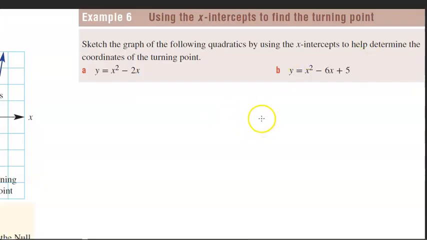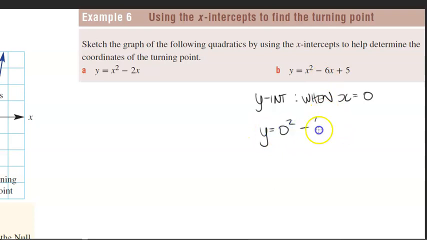All right, second one, we have y is equal to x squared minus 6x plus 5. So the first thing we're going to do again is work out what our y-intercept is, and this is when x is equal to 0. This is a straight simple substitution: y is equal to 0 squared minus 6 times 0 plus 5.